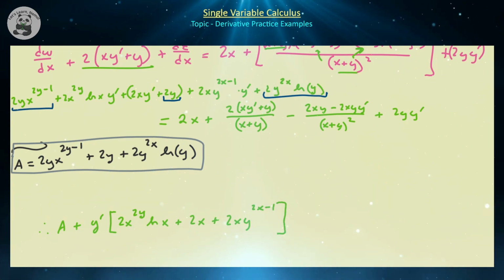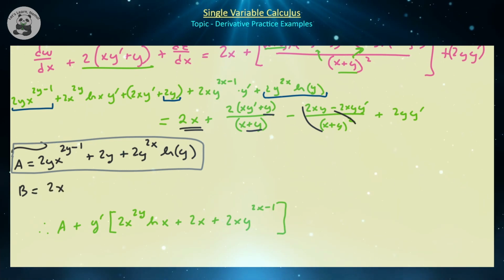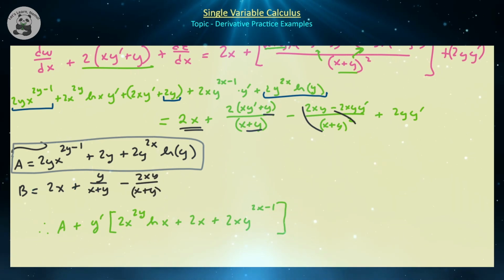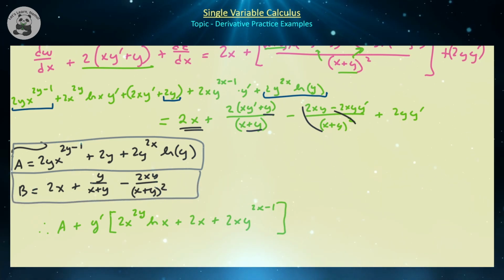All right, now let's play with this right-hand side a little bit. So we have, that doesn't have a y prime in it. This doesn't have a y prime in it, and this doesn't have a y prime in it either. So I'm going to define b to be equal to 2x plus y over x plus y minus 2xy over x plus y, the quantity squared. That's the second thing I don't want to deal with.